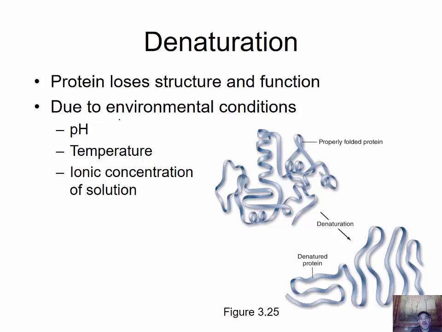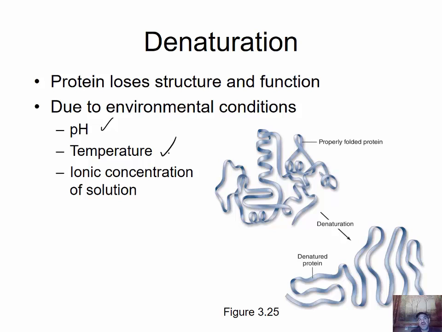And the things that can cause this denaturation include pH that's outside of the range that's normal for that protein. For example, the protein pepsin in your stomach is only functional at a very low pH because there's an acidic environment in there. And if you lose the acidity in your stomach, then the protein pepsin will not function properly to help digest proteins.